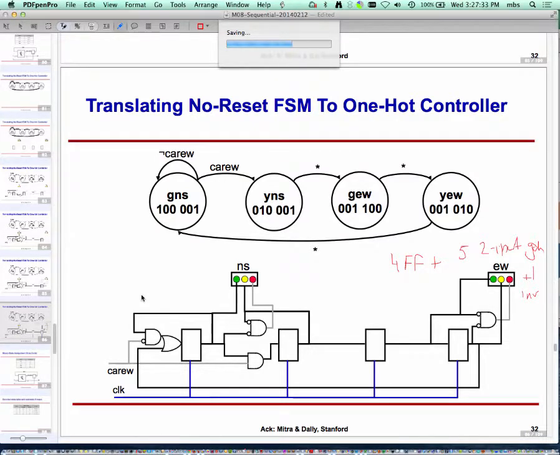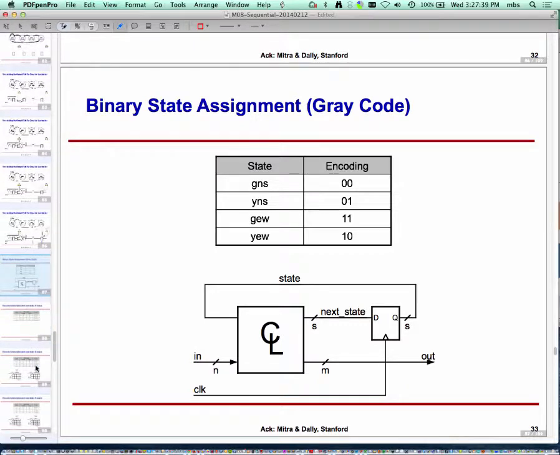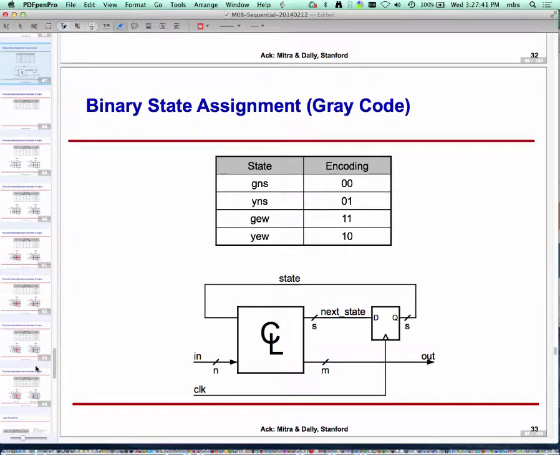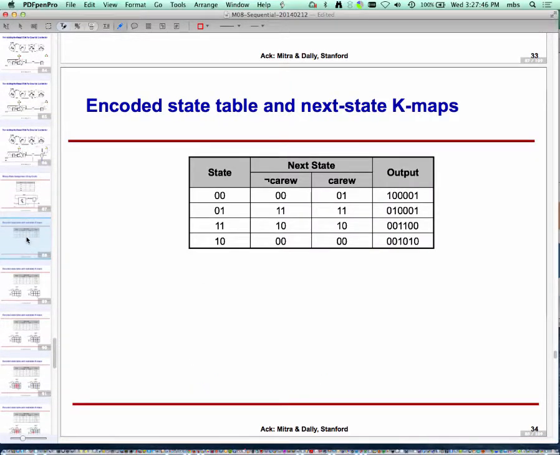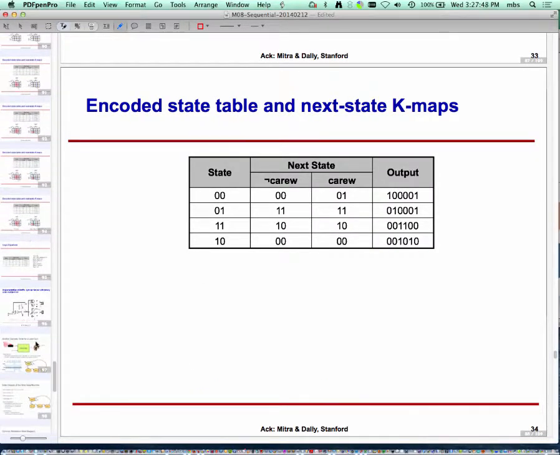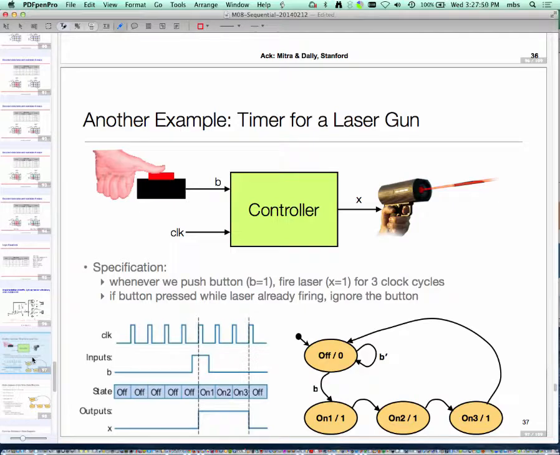Okay, so let's pick another example. What we have is a timer for a laser gun.